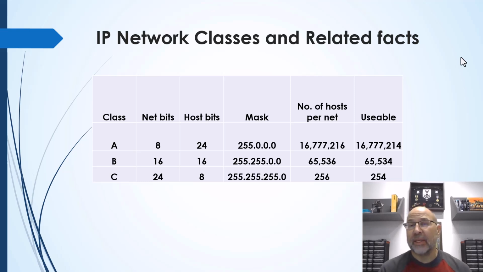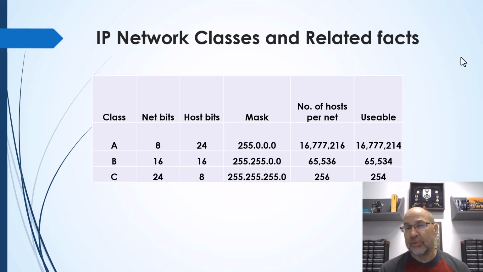On the exam, I think they're going to say 14, so go with the book. And then the mask is going to be 255.255.0.0, which means that there are 65,000 possible hosts per subnet, 65,536. But of course, the usable is 65,536 minus 2, or 65,534.